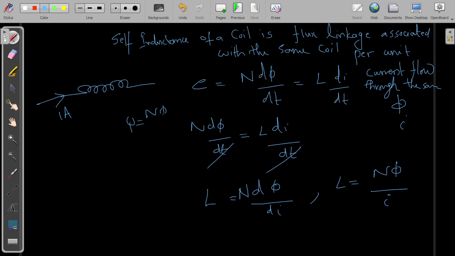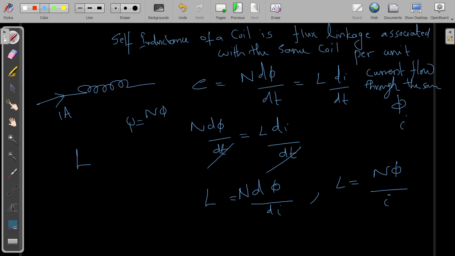Flux linkage psi is equal to N phi, and that flux linkage associated with the N turns is measured as the inductance L of the coil for a 1 ampere current. That means if you pass 1 ampere current, then the self-inductance of that coil is equal to the total flux linkage associated with this coil.